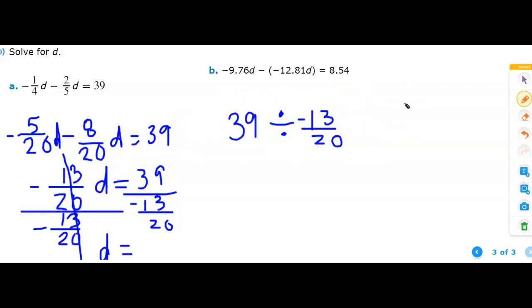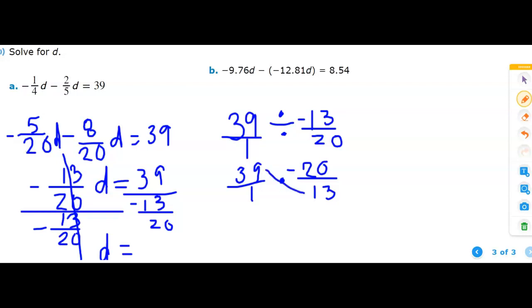When we have a whole number, we know that we can put it over 1 and it becomes a fraction. So now we do our rules for dividing fractions, which is keep, change, reciprocal. So we keep 39 over 1, change division to multiplication, and then we have 20 over 13. Again, that's still negative. Now we're able to multiply straight across. But before we do, I want to see if I can simplify.